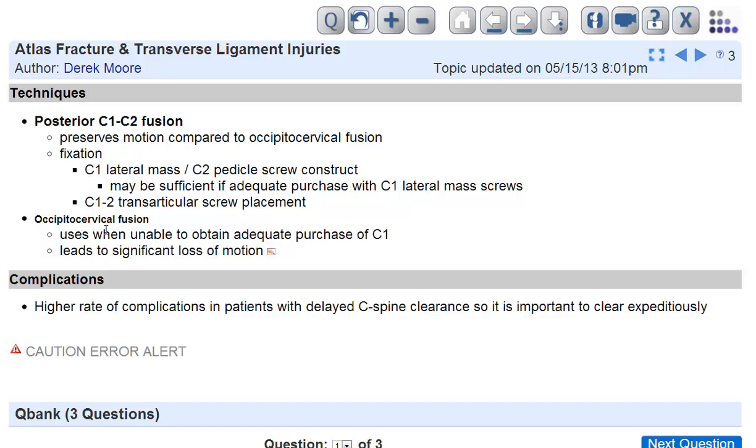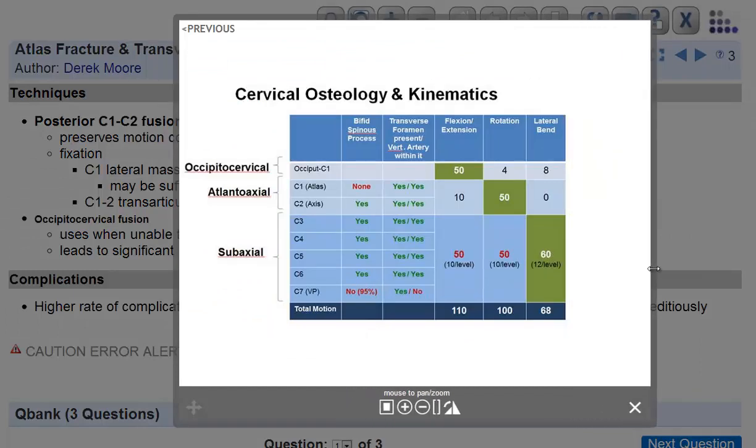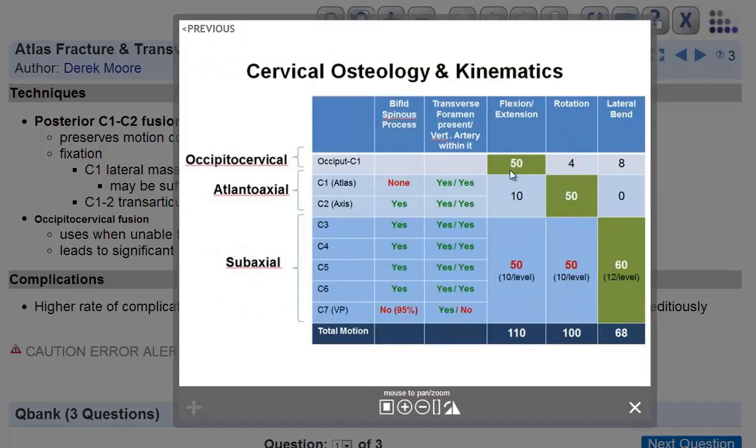An occipital cervical fusion will provide enough stability, but really to get a good purchase from the occiput, you're going to have to go down to at least C3, and you can imagine that that leads to a significant amount of loss of motion. Just quickly going back, reviewing our cervical kinematics, you can see that your occipital cervical junction is responsible for about 50% of flexion extension.